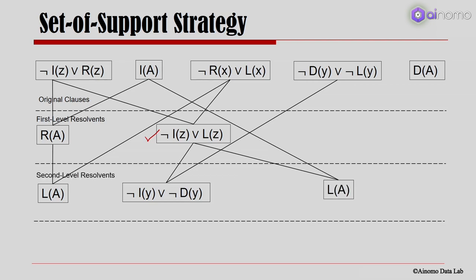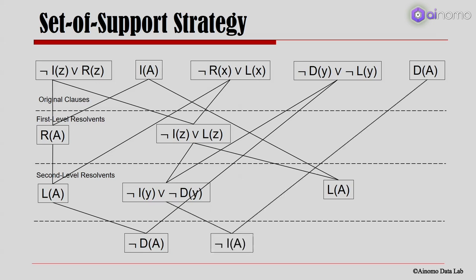I have my second level resolvents, and then I can think of generating my third level resolvents, which is not of DA. Now, one thing to observe here is that in the breadth first strategy that I had shown immediately before this, we had arrived at the empty clause while we were generating our third level resolvents.